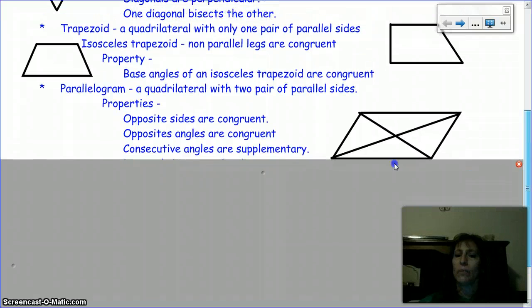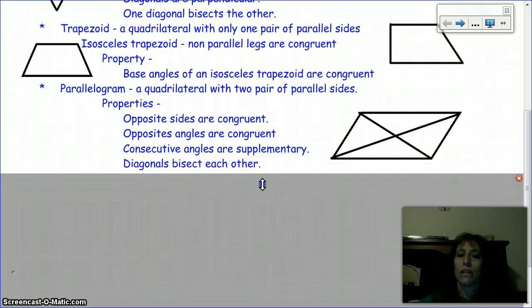This goes back to when we were talking about transformations, that these 2 parallel lines are being cut by a transversal. So these 2 are consecutive interior angles, and that makes them supplementary. And we also said that opposite angles here and here are congruent.